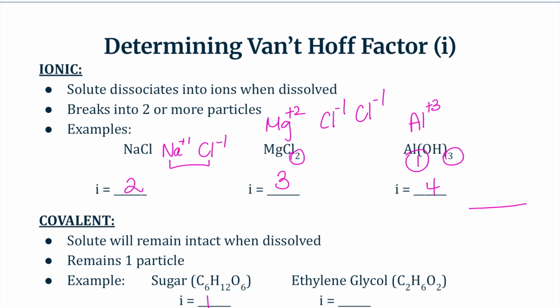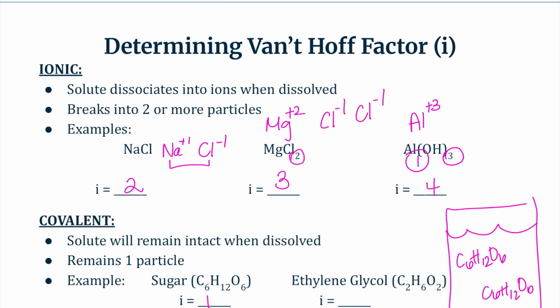If you are sketching a covalent compound and how it is dissolving, those are going to dissolve in water, but they're going to stay full molecules, and so it is just going to be 1 particle that we have. If we look at ethylene glycol, C2H6O2, well, that is also going to have an I value of 1 because it is covalent. And a reminder, you can tell if something is covalent when you have all nonmetals.